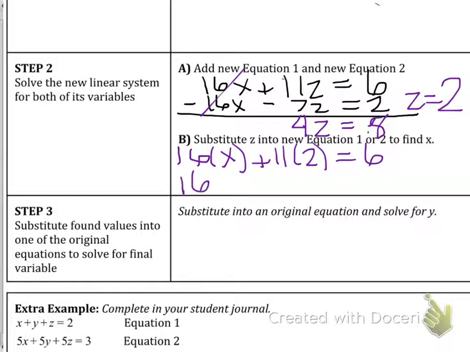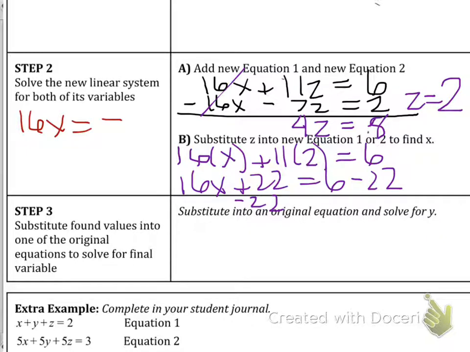So that's 16x plus 22 equals 6. Subtract 22 from both sides. And so I get 16x equals negative 16. So therefore, my x will equal negative 1.